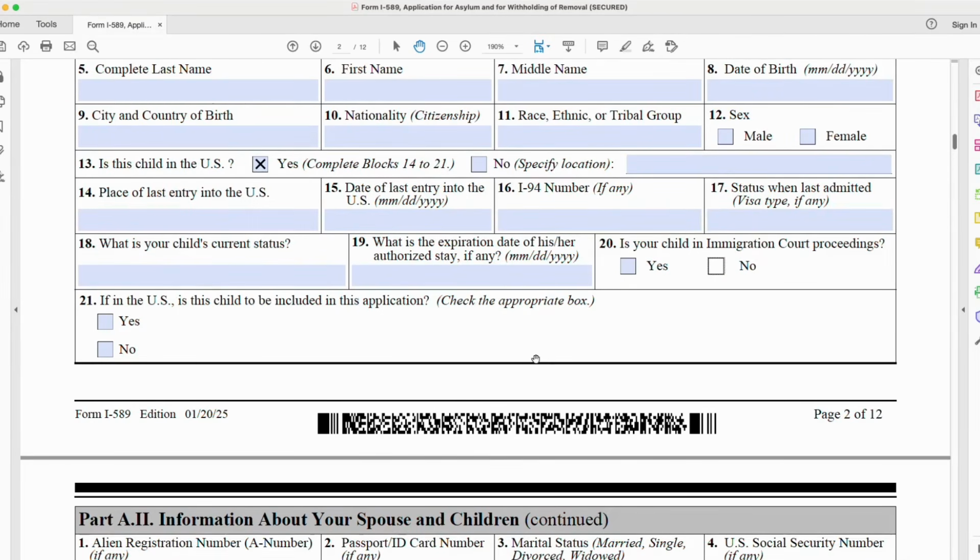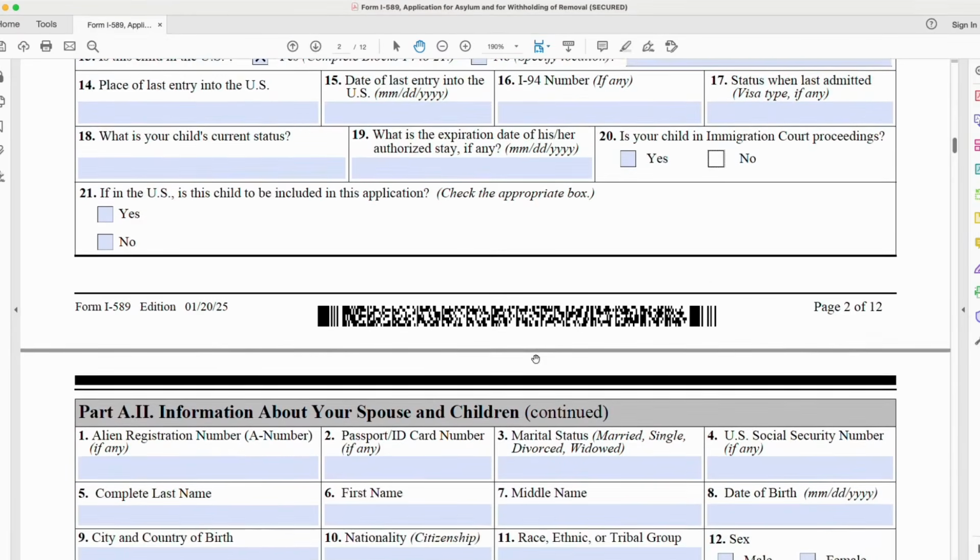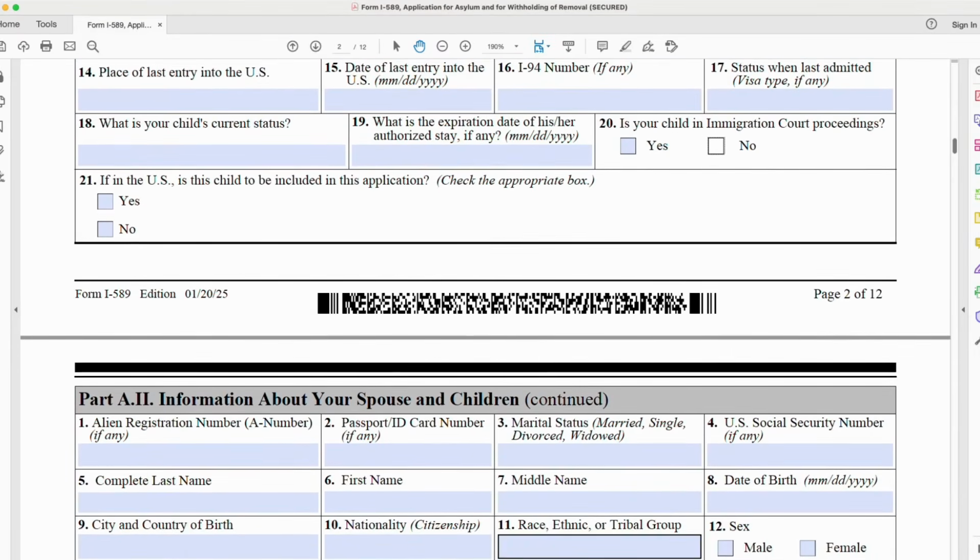If your child is in the United States and you would like to include them in your application, select yes on question 21. If not, select no. Most people include their child even if their child is filing their own asylum application, so they select yes.